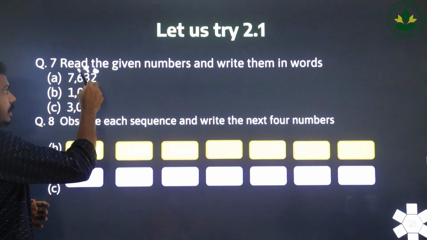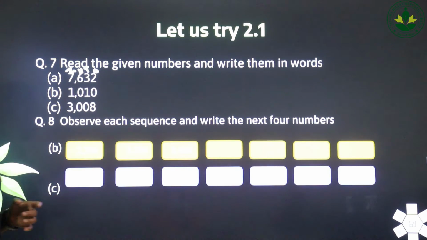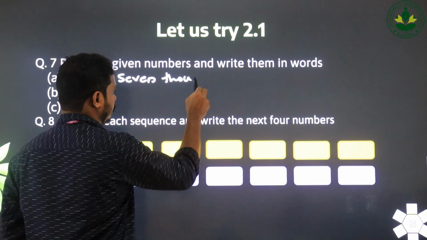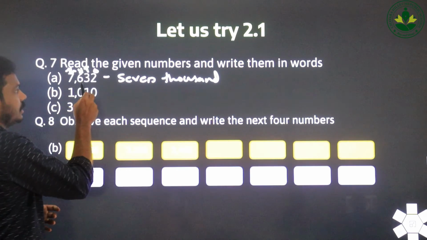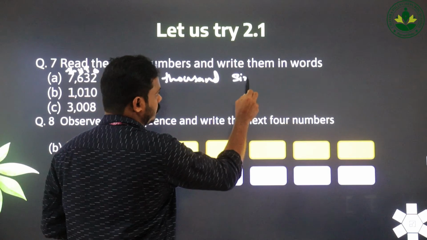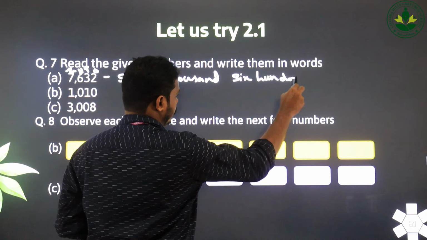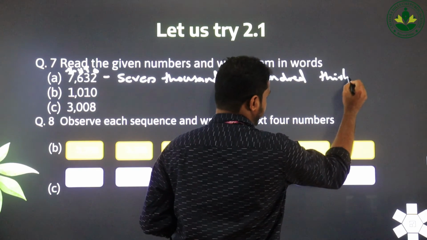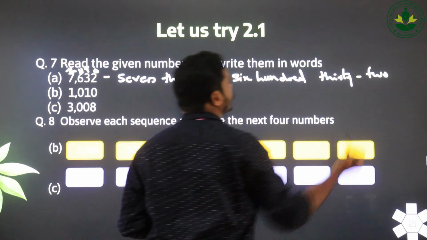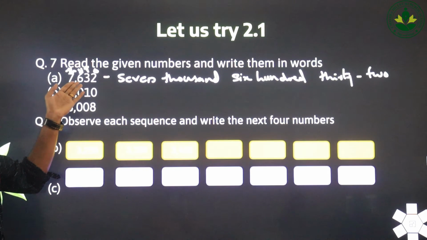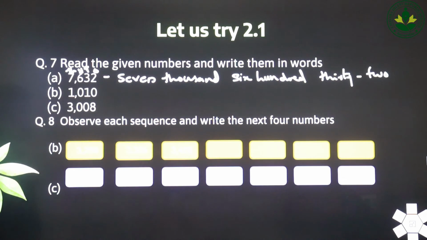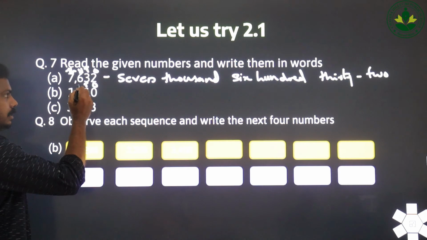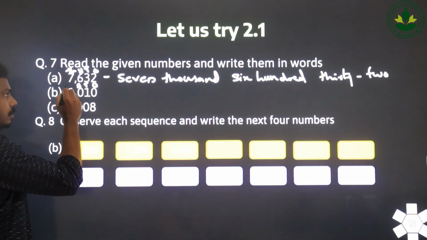Ones, tens, hundreds, thousands. 7,000, then 600, then 32. So it is 7,632.